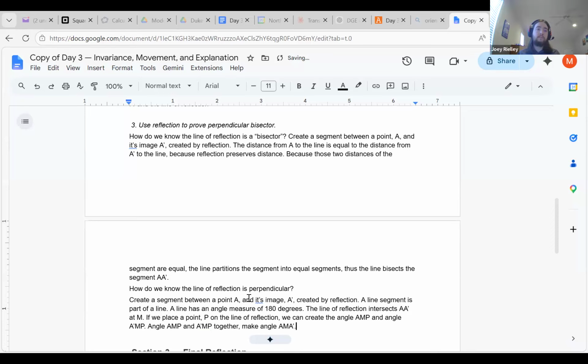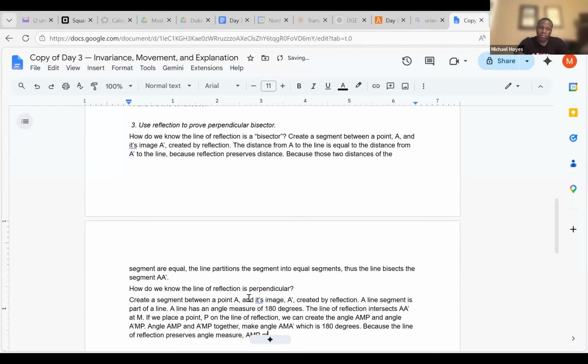Which is that line, which is 180 degrees, which was already shown from earlier that it's going to form this line. Because the line of reflection preserves angle measure, AMP must equal A prime MP.